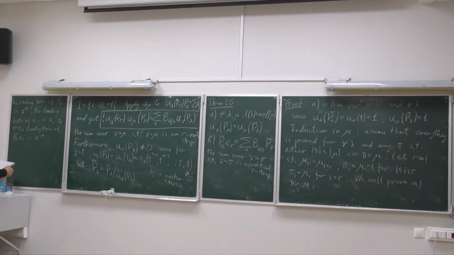Okay, and so we conclude that ER times P sigma renormalized is the sum over all nu at most mu, certain coefficients C nu, P tilde mu.